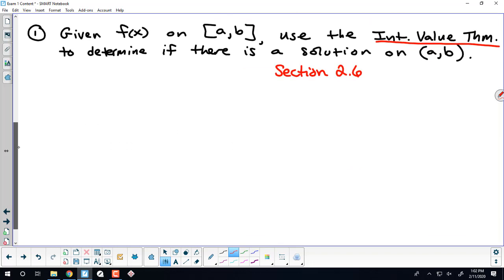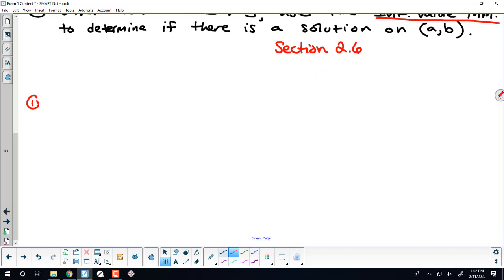There's going to be one question given a piecewise function.